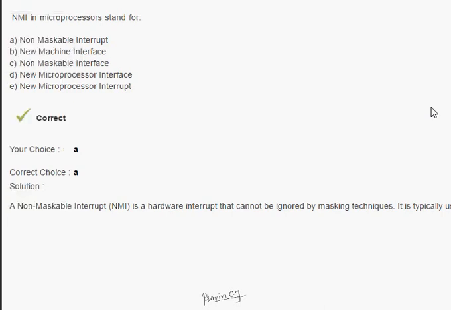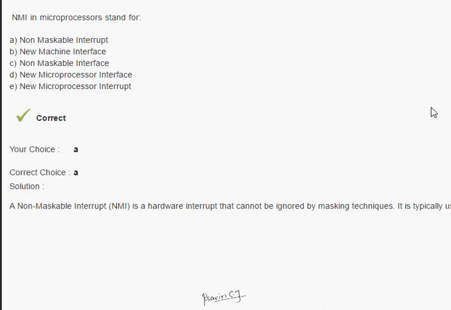It is a hardware interrupt that cannot be ignored by masking techniques. The options are non-maskable interrupt, new machine interface, non-maskable interface, new microprocessor interface, new microprocessor interrupt. But the answer is non-maskable interrupt. It is typically used to signal attention for a non-recoverable hardware error. So NMI means non-maskable interrupt.